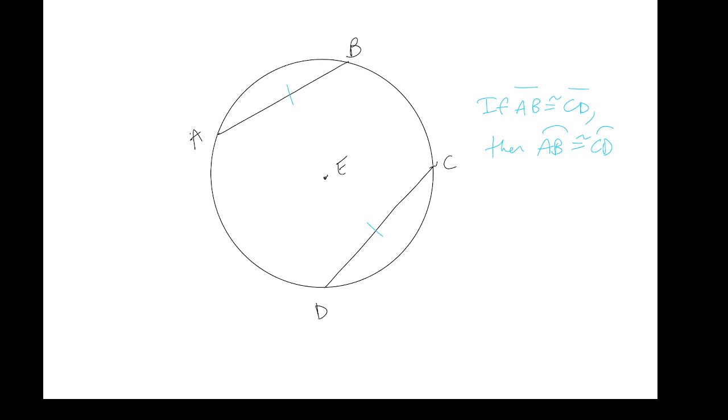So the arc from C to D is the same as A to B, or arc AB is congruent to arc CD.